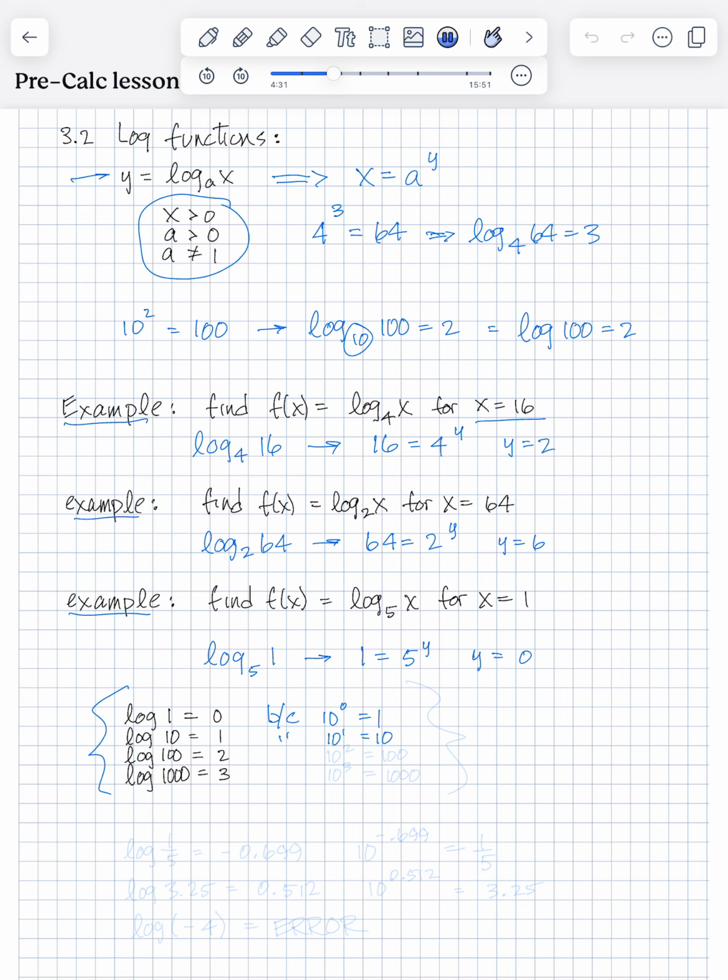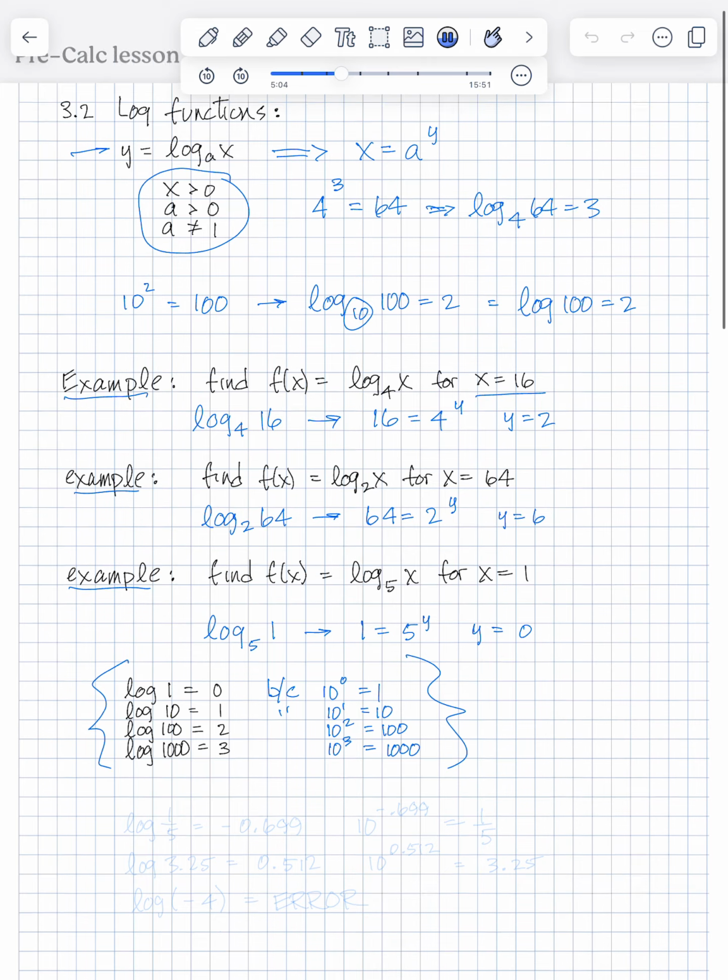And log 100 equals 2 because 10 to the 2, or second power, equals 100. And then log 1000 equals 3 because 10 cubed equals 1000. So this is kind of one way to remember how to switch from logs to exponentials.